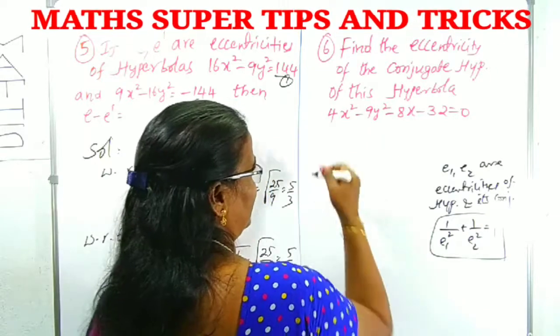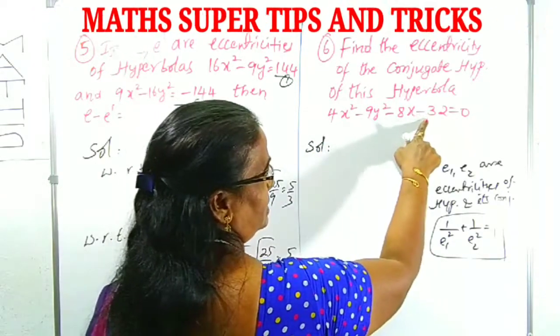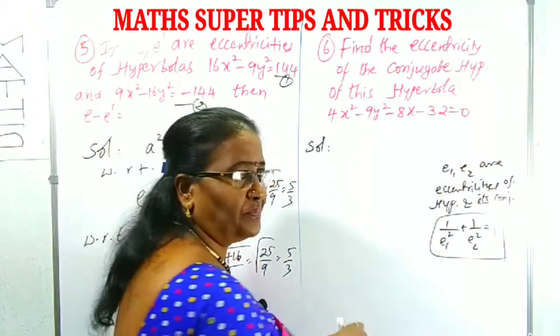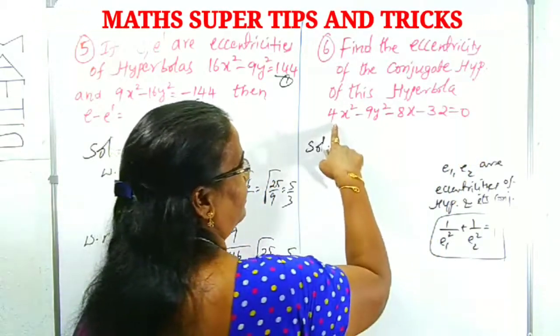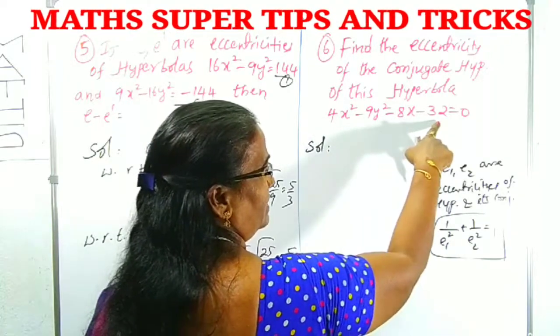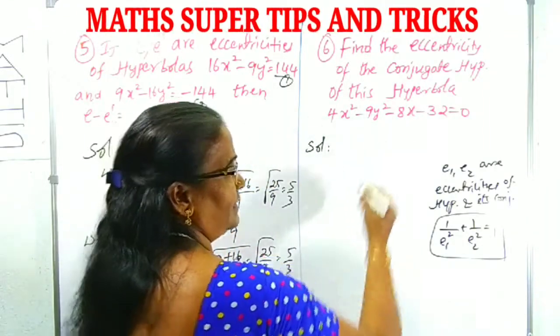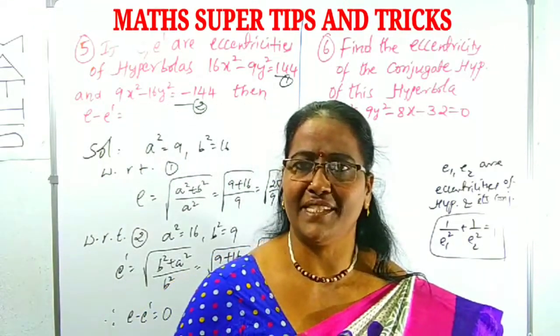E1 we can find out first of all. E1, can you find it out here? Same way. This is clearly equal to 32, which means it will be positive, and 8 divided by 4 and 32 divided by 2, it will be clear. So it is clearly a transverse hyperbola.